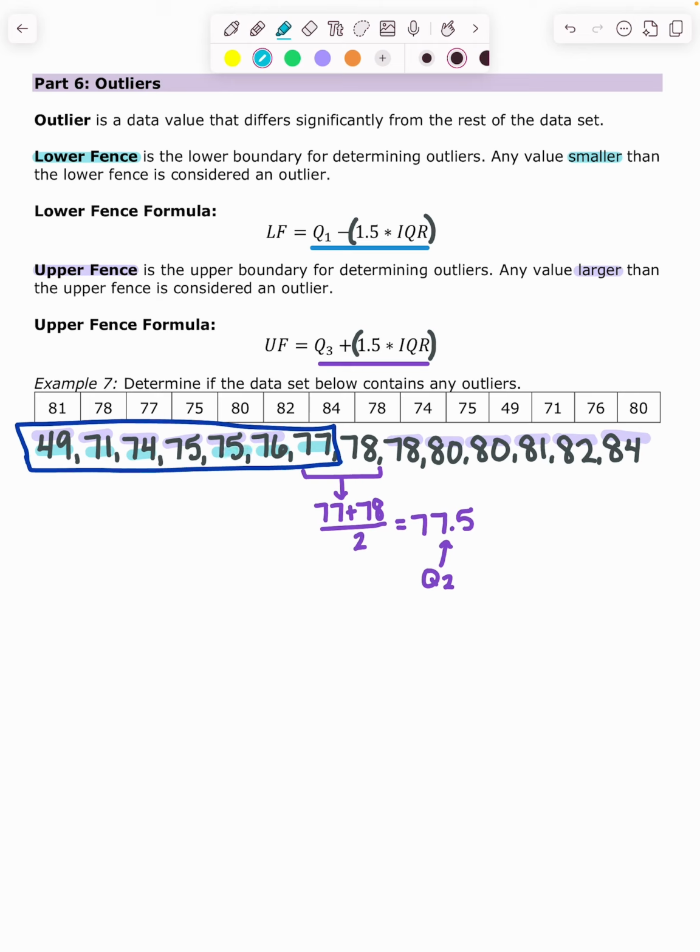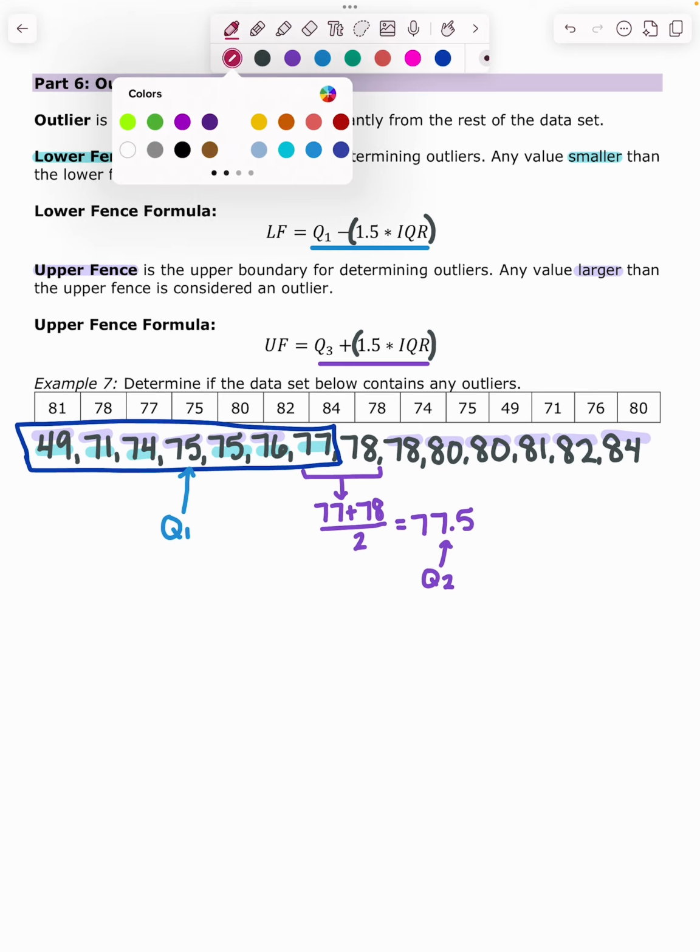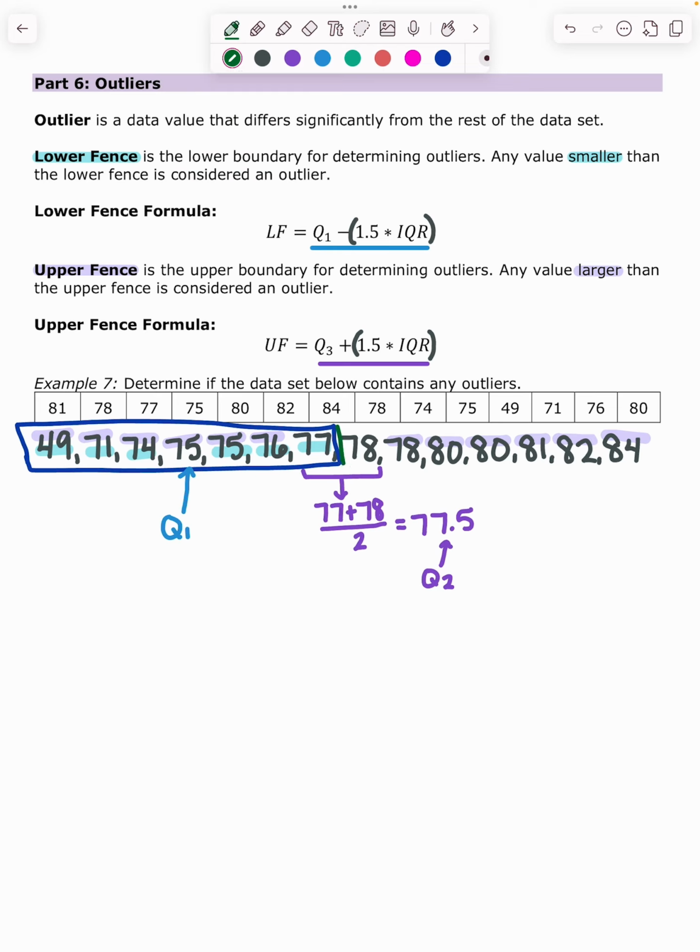I had 7 numbers on the bottom, so I should only have one number in the middle. So my first quartile is 75. For my third quartile, the numbers above 77.5 are the ones I'm going to use. So 78 and 84. Keep going until I get one number in the middle, and that is my Q3.